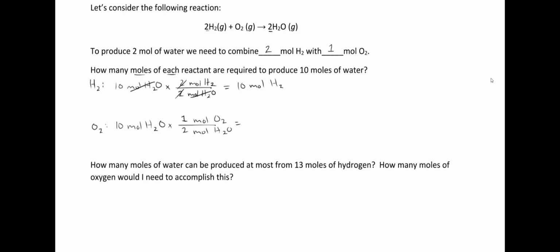So we have 10 times 1 divided by 2 is just 5, and there's only one significant digit here. So this should make sense to us.